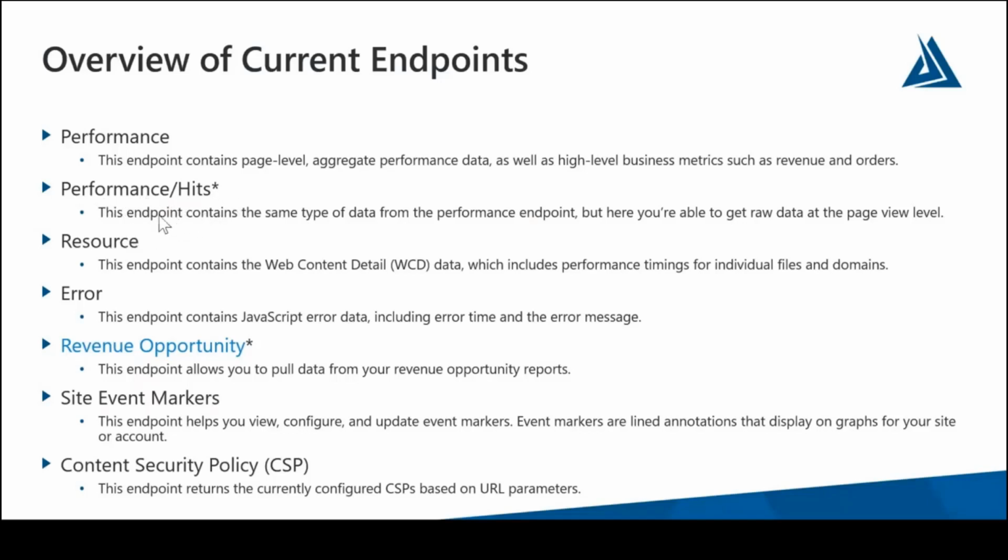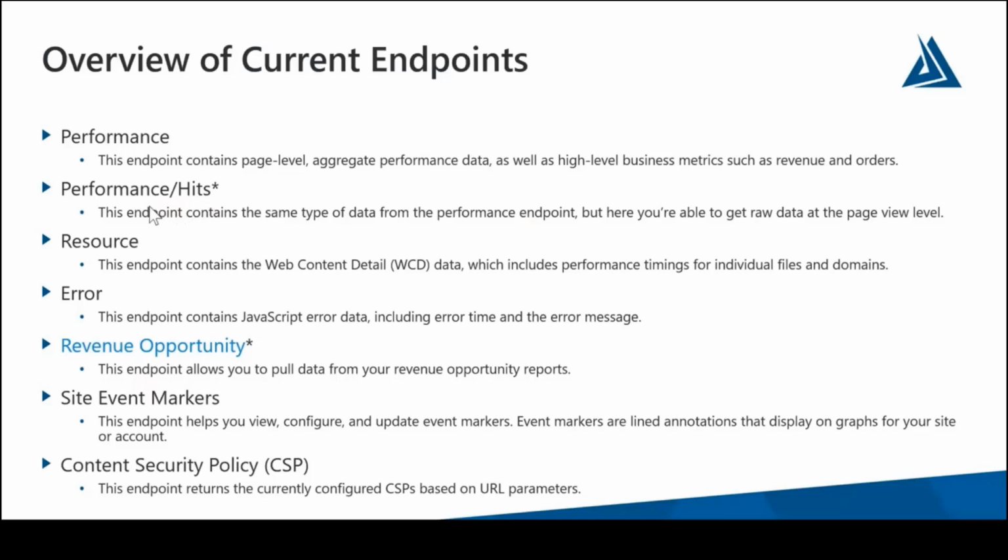This is essentially the same as the performance API, which is everything from page level performance data to business metrics. But instead of aggregate data, the hits endpoint is going to show you raw data at the page view level. So you'll be able to run really granular API queries and get specific segments of data for targeted analysis of the data.